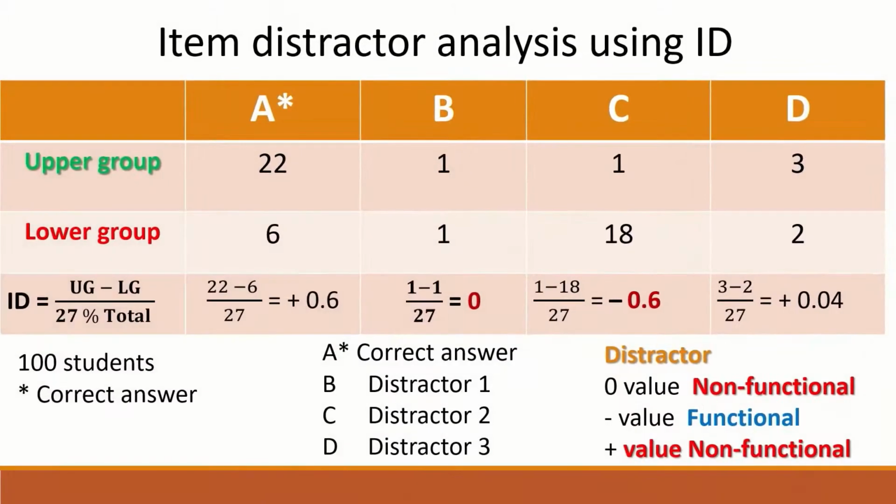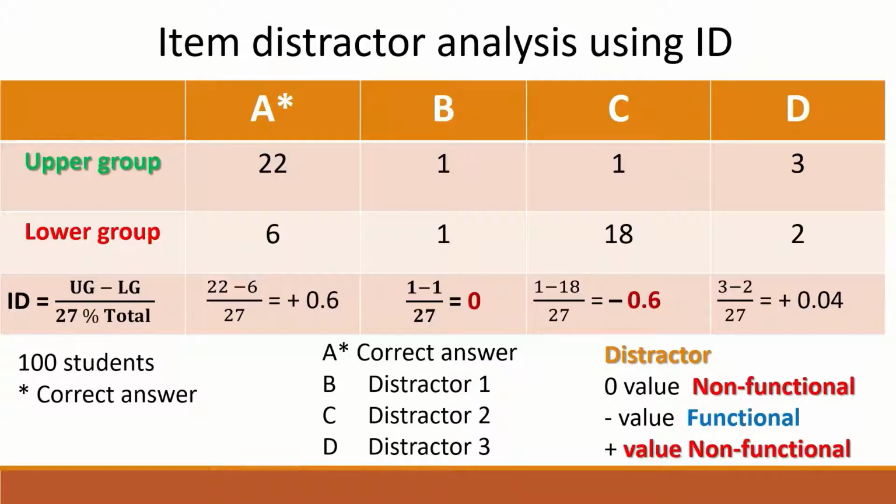Another way to analyze the item distractor is to use the item discrimination following Kelly's method. Here is an example of 100 students answering a multiple choice question that has 4 options. A is the correct answer, B, C and D are the distractors.